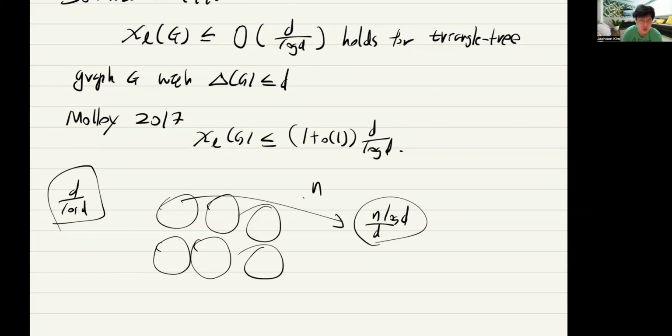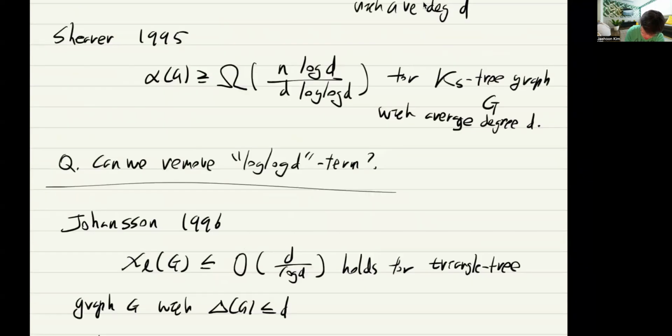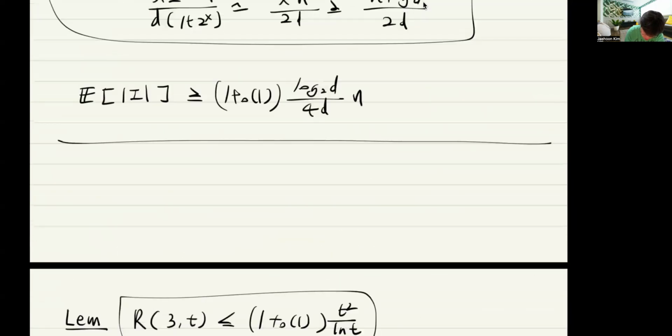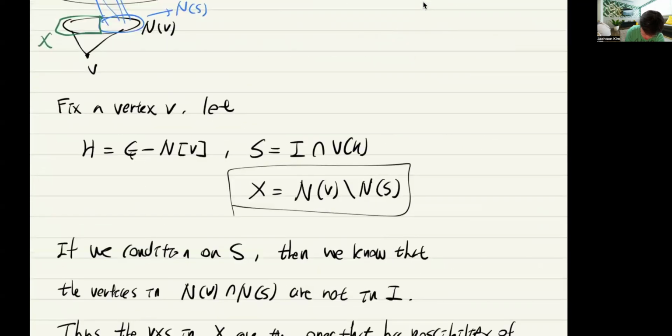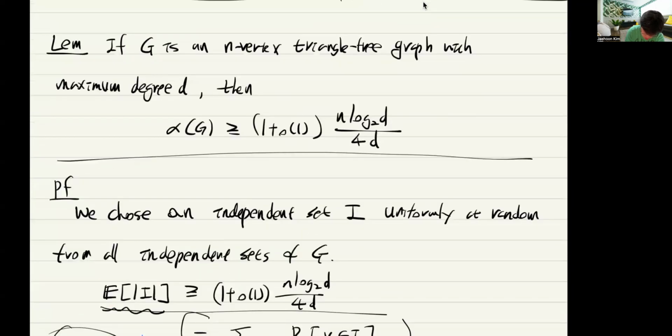So that's what they proved. Here the log is the natural logarithm. So this gives essentially the same bound as Shearer's lemma.